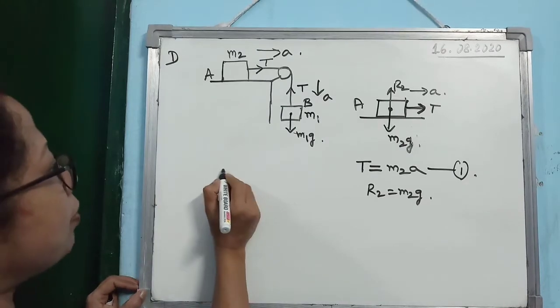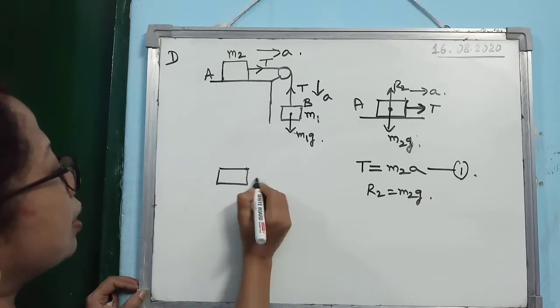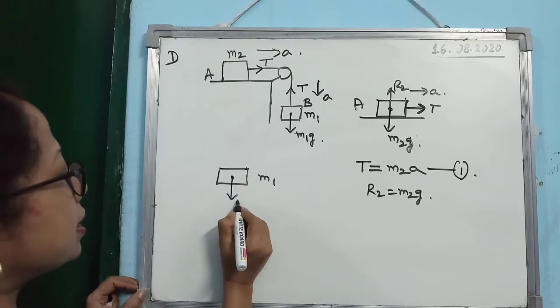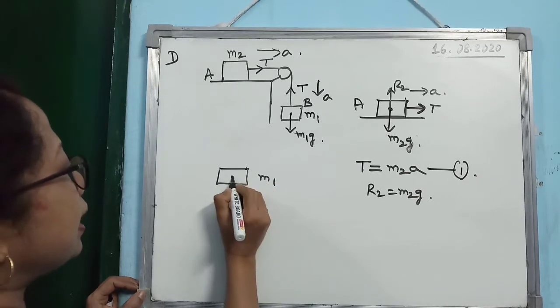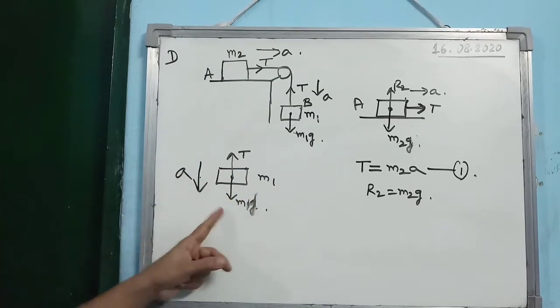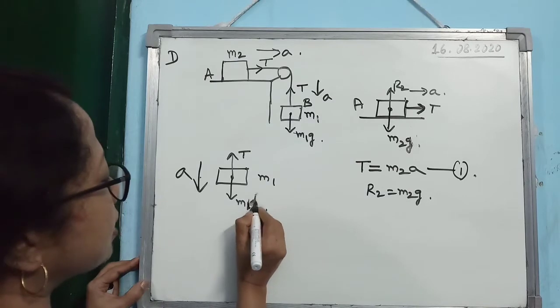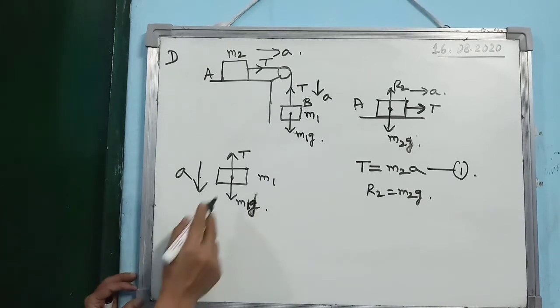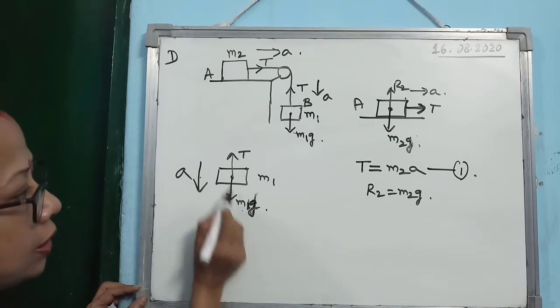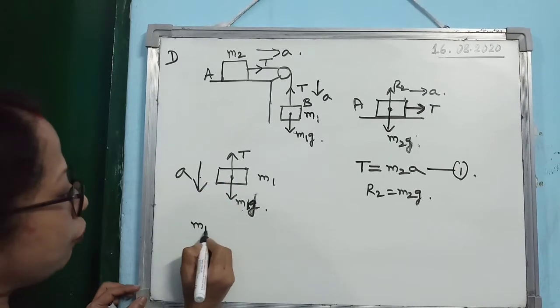Now, the free body diagram for M1. For M1 you see it is suspended, so M1G is in the downward direction, tension is in the upward direction, and the body is moving with an acceleration A in the downward direction. So what you can write, as acceleration is in the downward direction, M1G is bigger than T. So what is the net force?